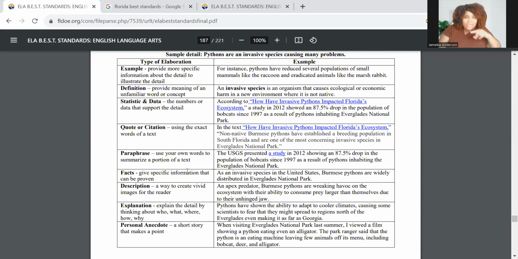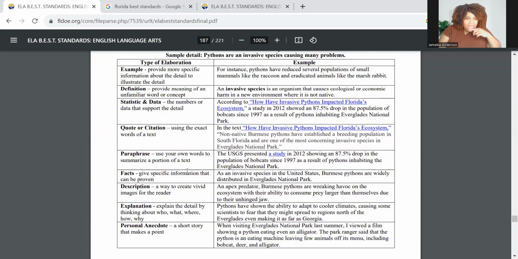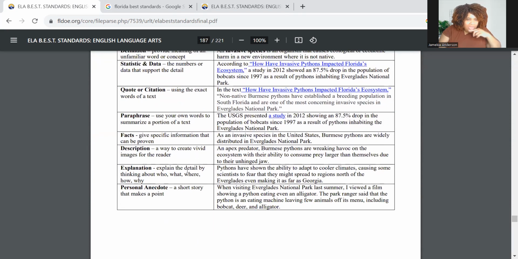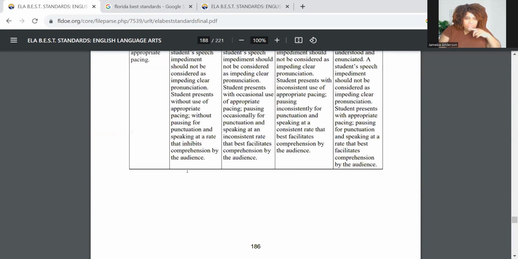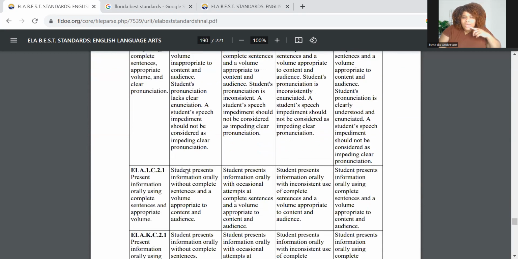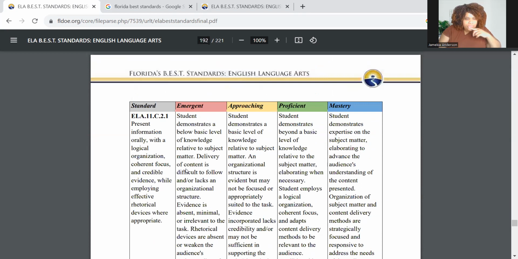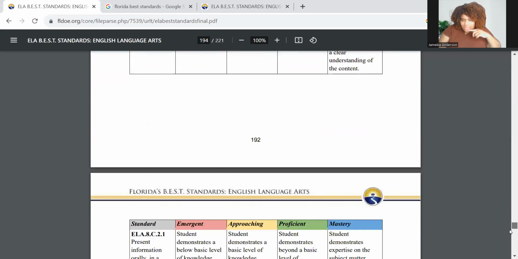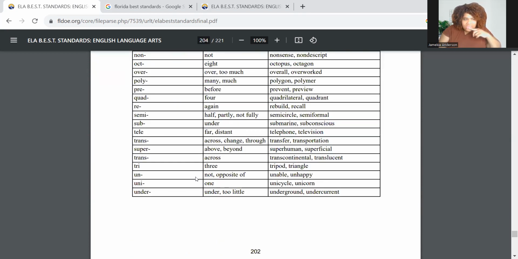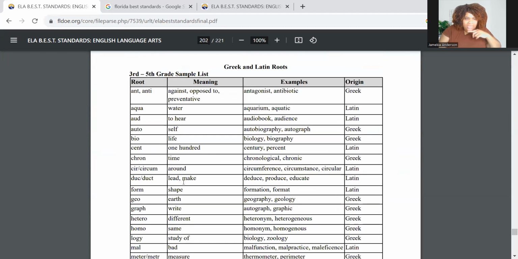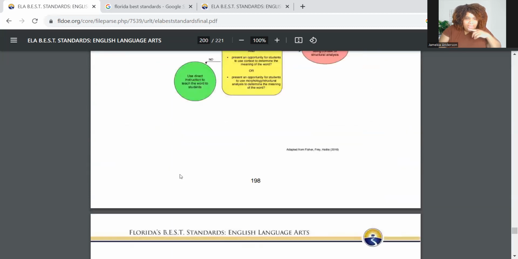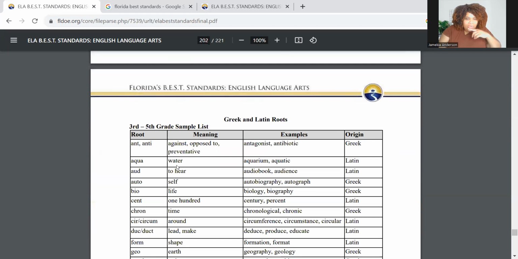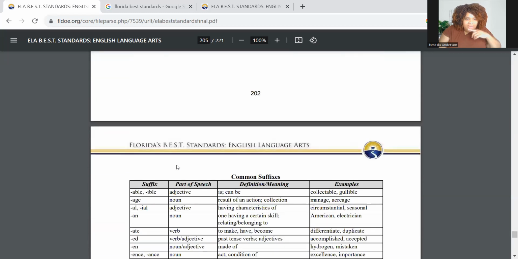Make sure you go through this document. I know I did not do a whole lot, and I might go back through and look at these resources because I love them. If it is in here, I'm not sure what page it's on, because I didn't prepare for this one. But I did want you to know that it was provided.